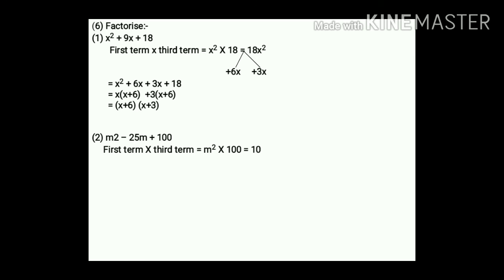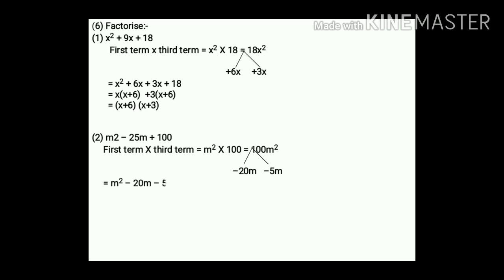We get, children, here 100m². Now here we have to find the factors of 100. So what will we take, children? What are the factors of 100? Tell me. 20 into 5 we get, children, 100. When we add 20 and 5 we get 25. That is our middle term.